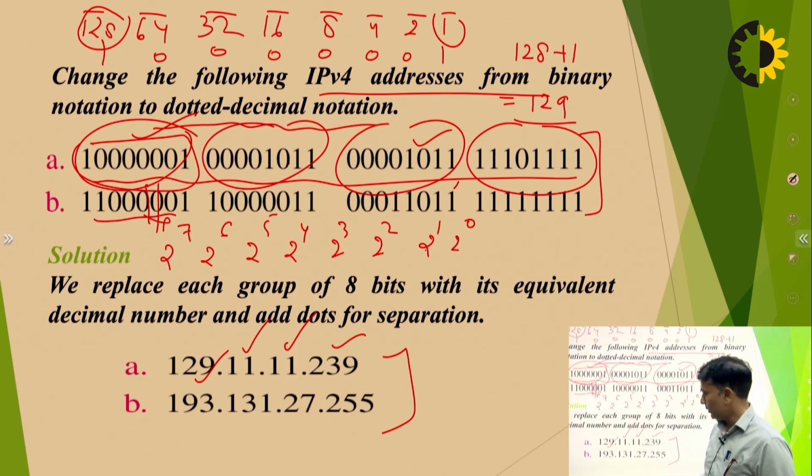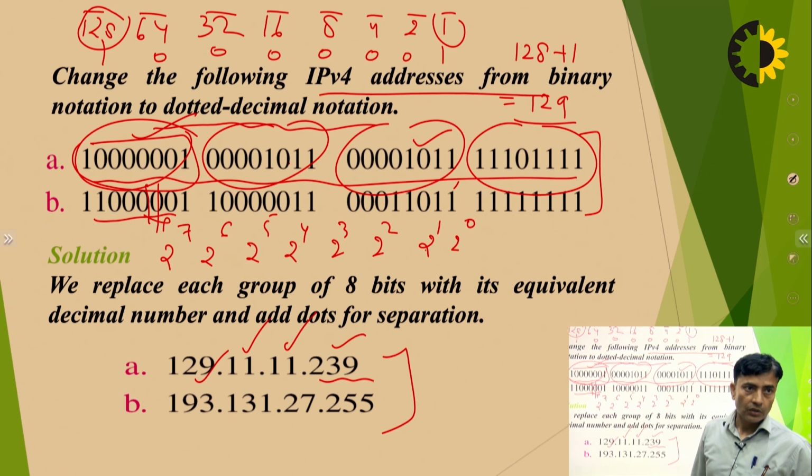You can convert 11 into binary in 8-bit representation. Similarly, 239 is converted into binary using 8-bit representation. So, this is the interchange between binary representation and dotted decimal notation.